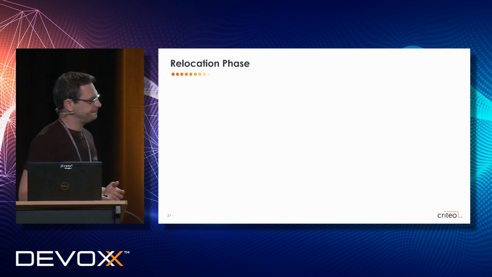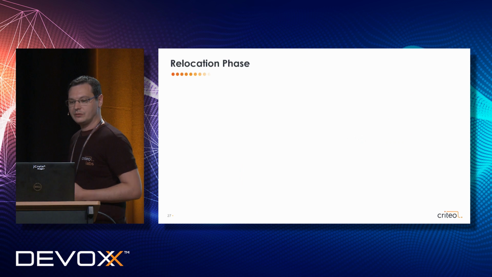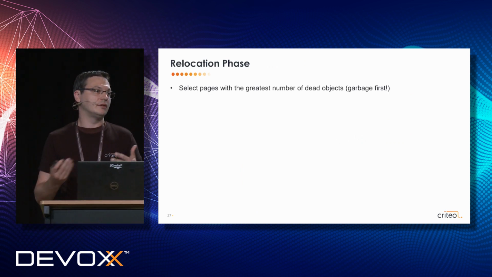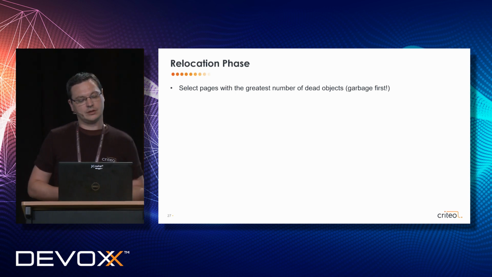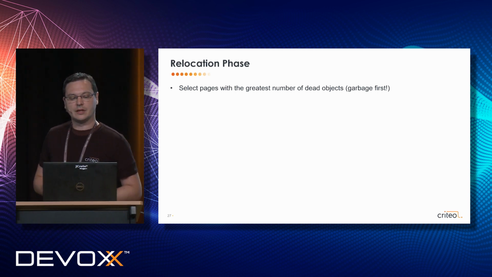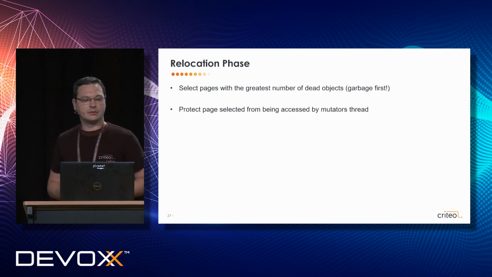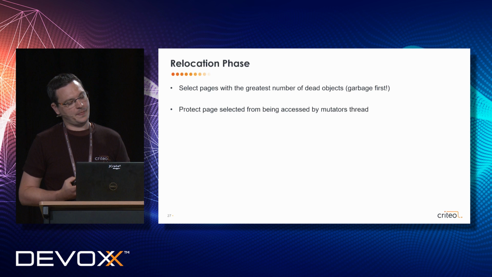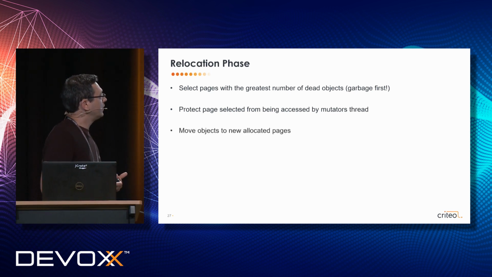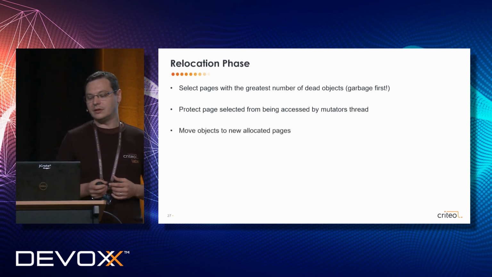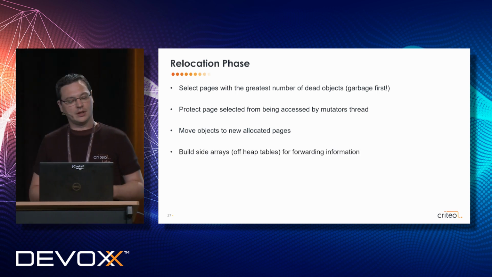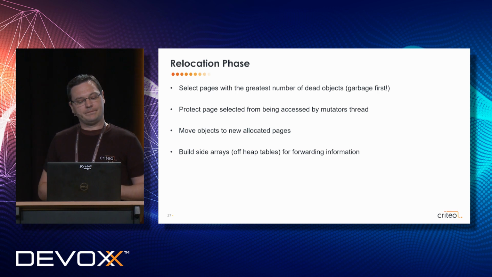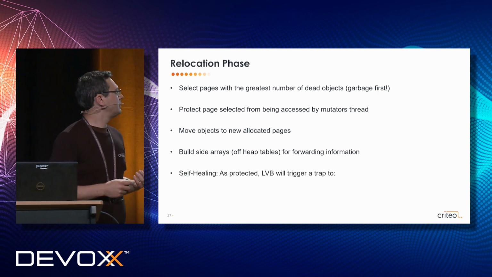And then, for the relocation phase, as in G1, we select the pages that have the most garbage, the most dead objects, garbage first, same principle. Then we protect the page that we want to evacuate, and we move objects to the newly allocated page. We build side arrays with the forwarding information, so it's a heap table.